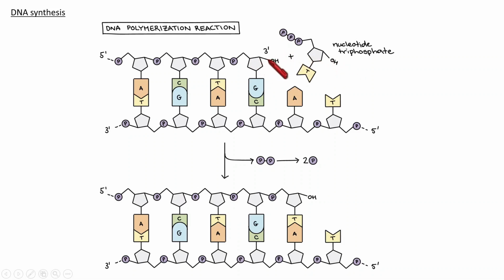The primer attacks the innermost phosphate of this nucleotide triphosphate and cleaves and removes two phosphate groups from it as pyrophosphate, and joins that nucleotide phosphate to this growing chain using what type of bond? Phosphodiester bond.